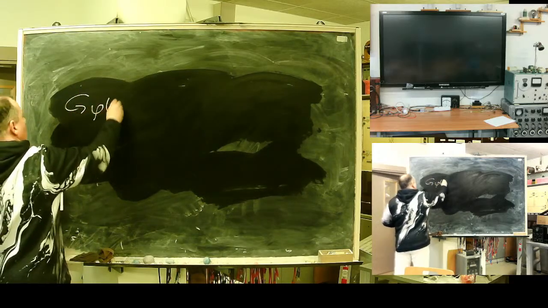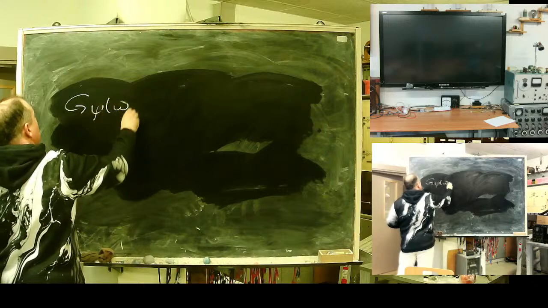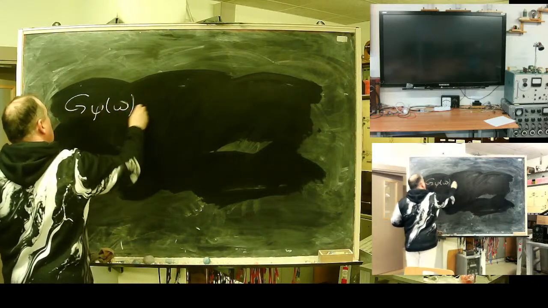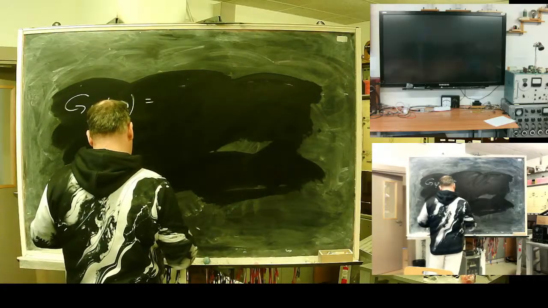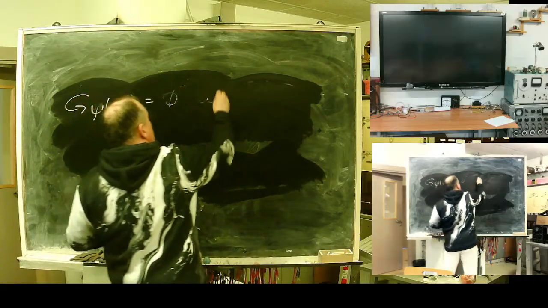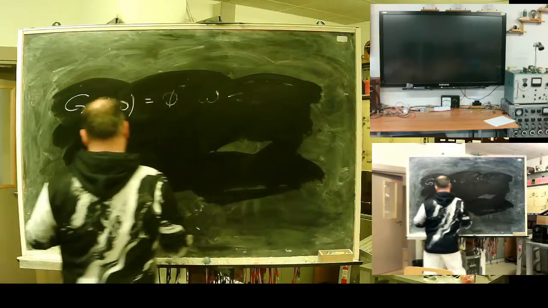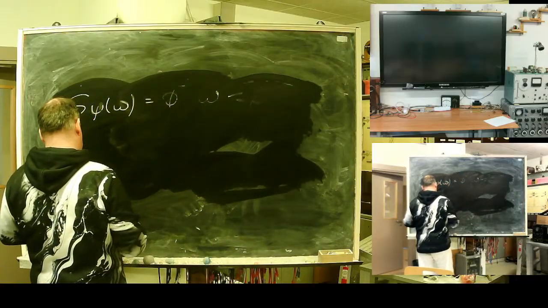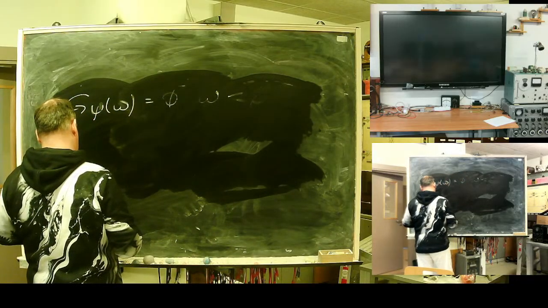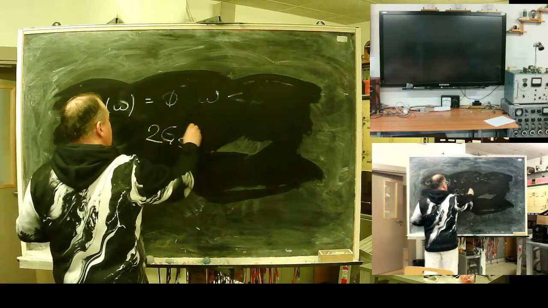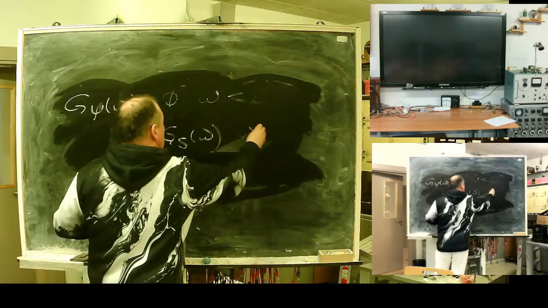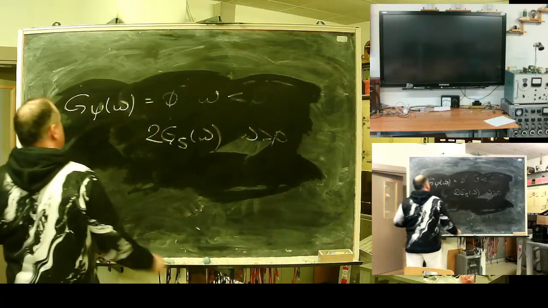Sorry, this one: G of omega equals 0 when omega is less than 0, and double G_s when omega is positive.